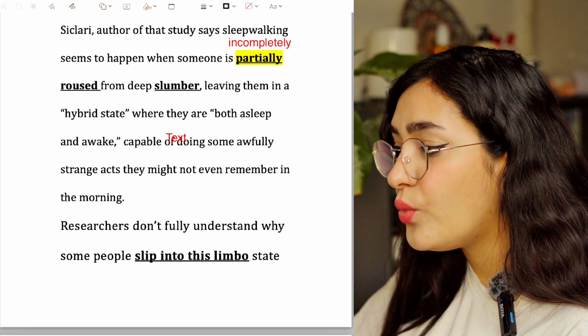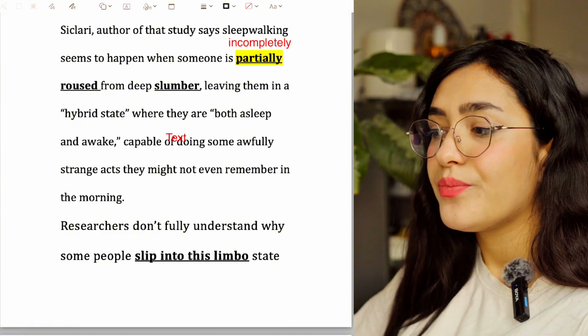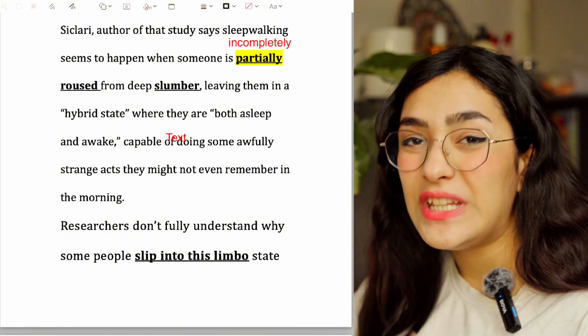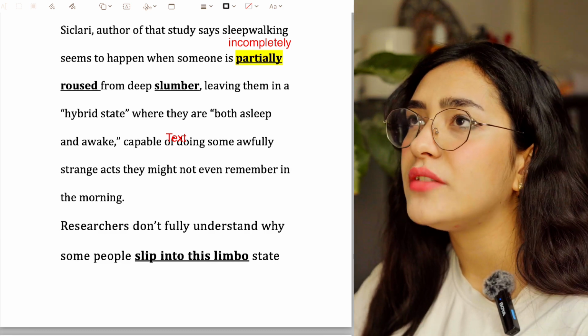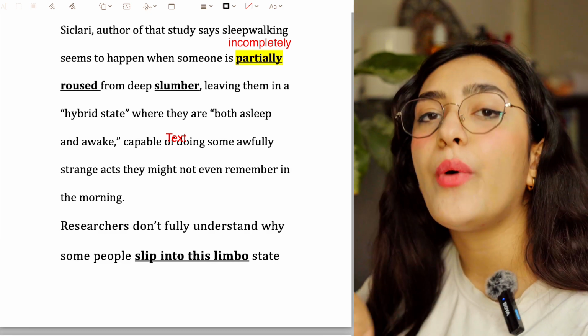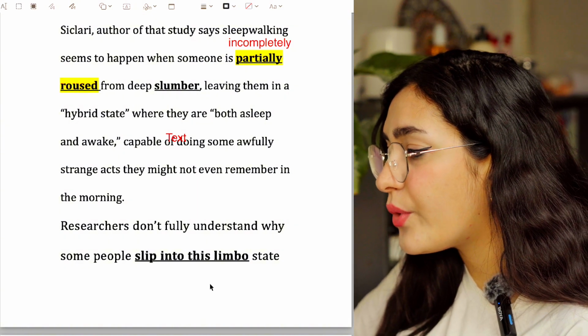The project was only partially completed by the deadline. So, the deadline was met, we didn't have more time, but the project was only done in part, in some parts. The next word is roused.